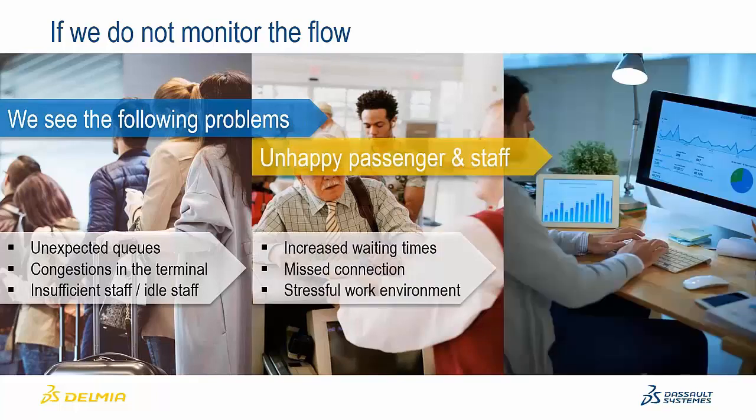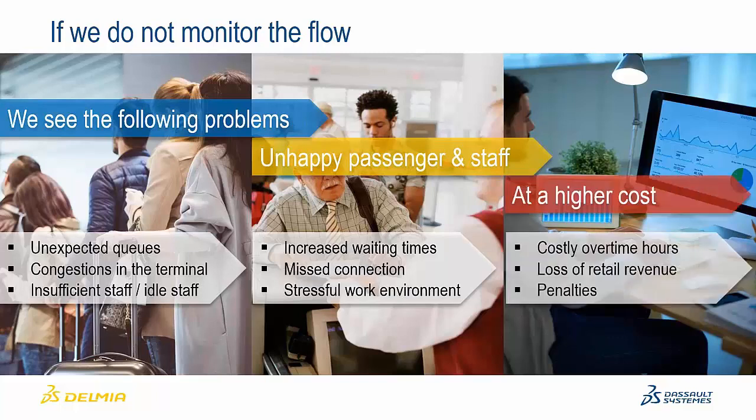These problems then lead, most of all, to an unhappy passenger that has to wait at the touch points and doesn't feel treated at the level he is expecting. Worse, people could miss their connections in such a scenario. But also your staff has to operate in a more stressful environment when the passenger is unhappy and feels they're not getting the right attention.